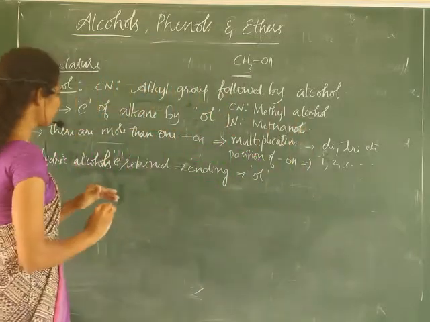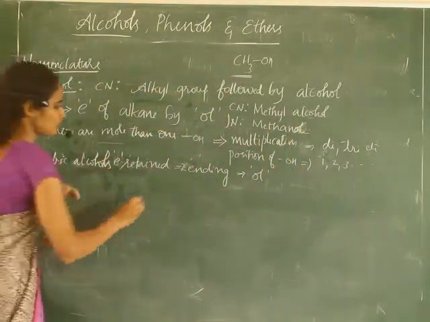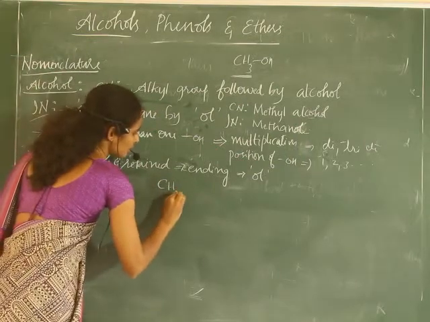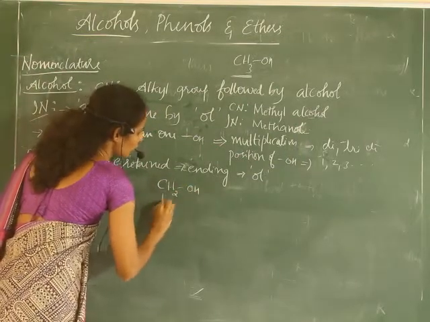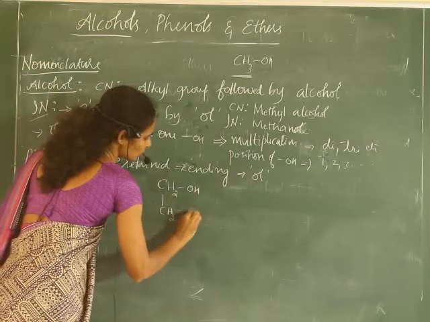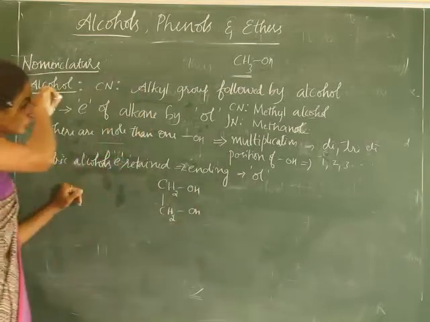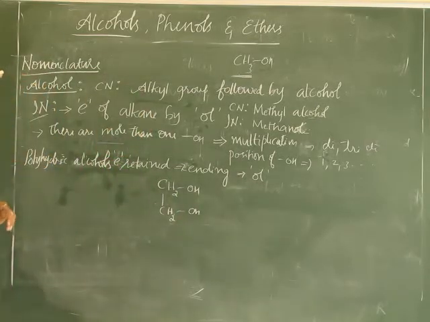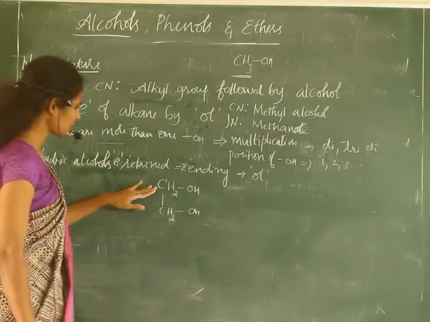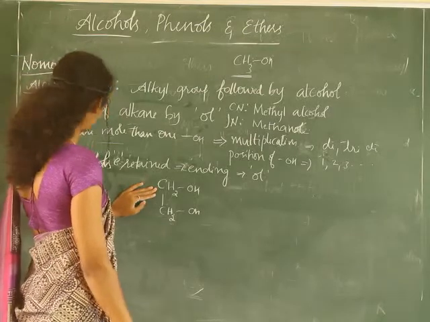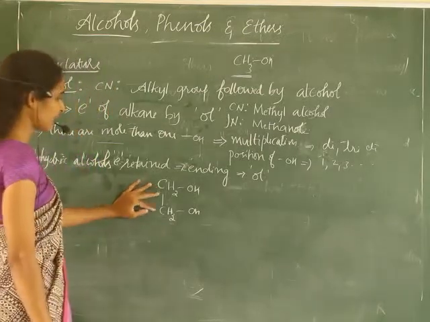And for this I will give one more example, a dihydric alcohol or polyhydric alcohol, CH2OH and CH2OH. How can we name it in the IUPAC system? We name it as ethane, right?